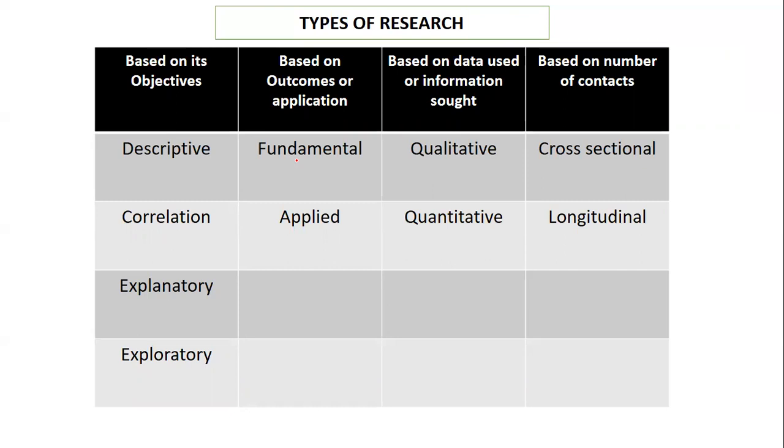Based on objectives, we have descriptive, correlation, explanatory, and exploratory research. Based on application, that is fundamental and applied. Based on data or information, that is qualitative and quantitative. Based on number of contacts, that is cross-sectional and longitudinal.